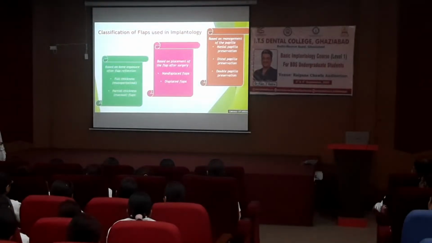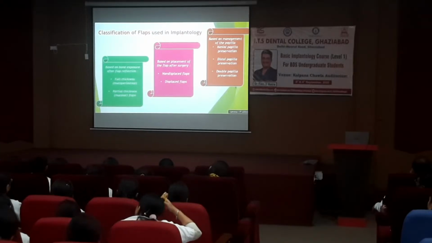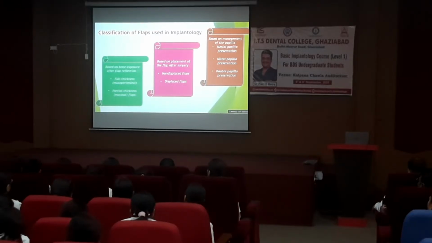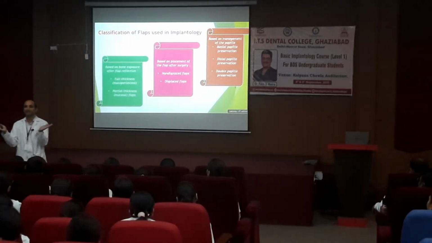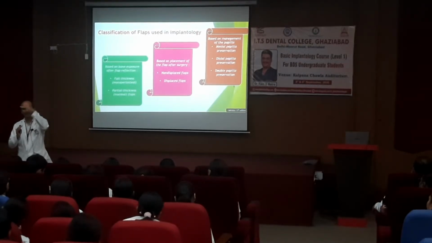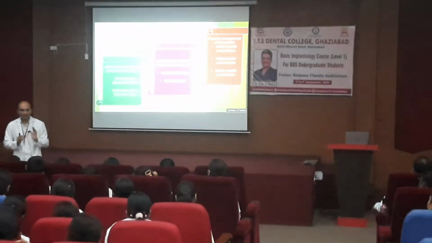Now coming to the classification of flap, it's similar to what has been taught to you except for the last one. The first one is based on the amount of reflection of bone, or how we are reflecting the flap. So it can be full thickness, that is a mucoperiosteal flap, or partial thickness, that is a mucosal flap. Then you have non-displaced and displaced. Means I reflect the flap, I close it there, that becomes non-displaced. I reflect the flap, advance it coronally, apically or laterally, it becomes displaced.